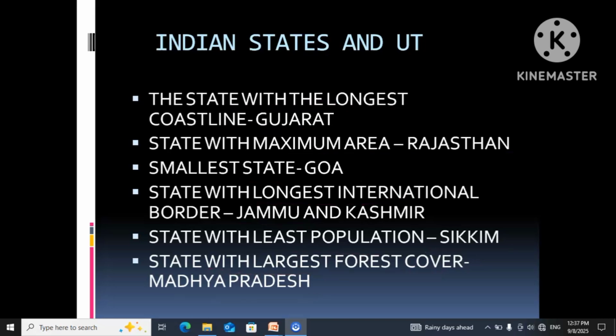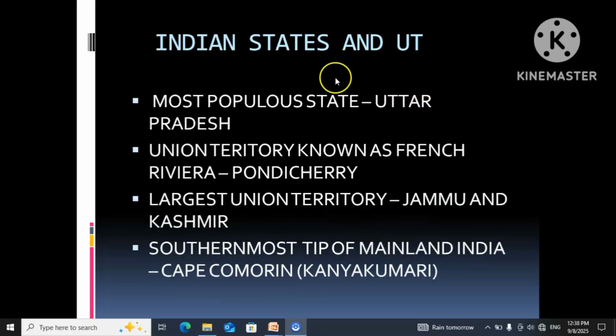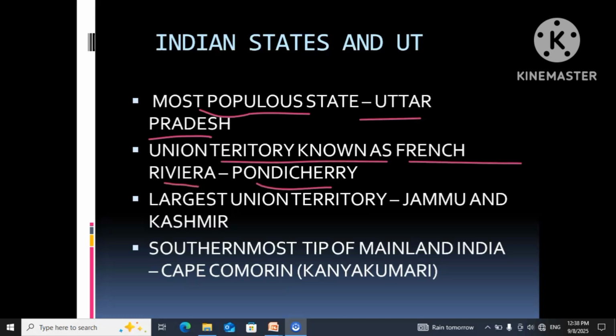Okay, so we will move to our next topic. The most populous state is Uttar Pradesh, the most populated state, and population density is also high in this state. The Union territory known as the French Riviera is Pondicherry.